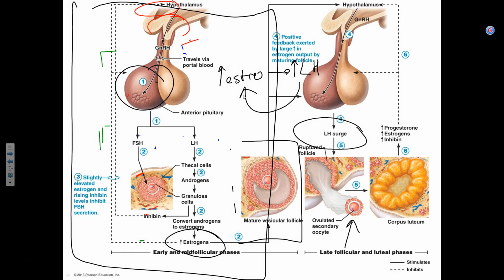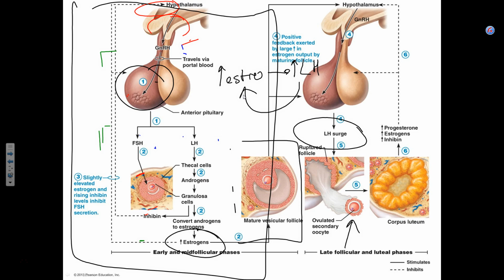Clear? So is it just like a threshold that the estrogen levels hit and then it switches? Yep, like a threshold. That's a really good analogy. So it's pretty similar to the male axis until it reaches the threshold. Exactly.